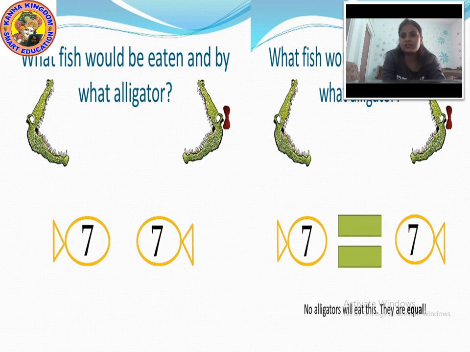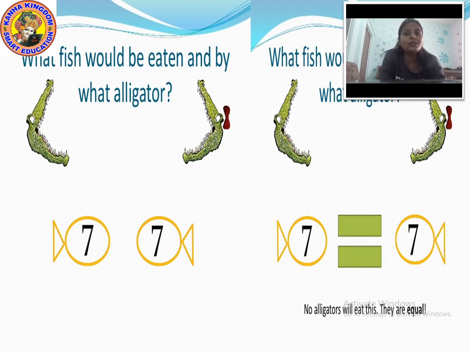Can you guess? Why? Because 7 and 7 are the same number. No one is bigger and no one is smaller. No one is greater and no one is lesser. No one is more, no one is less. They both are the same.